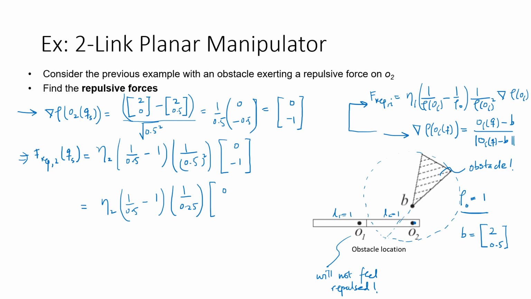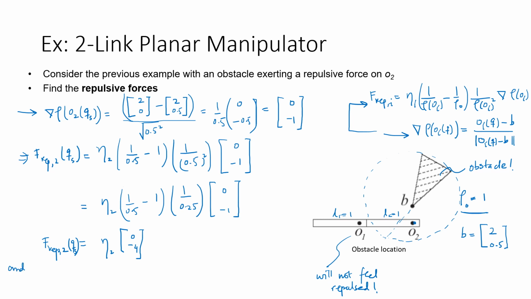Then you have (0, minus 1). And this turns out to be eta 2 and then you have (0, minus 4). So this is going to be F repulsive force acting on joint number 2 at the starting configuration, obviously.